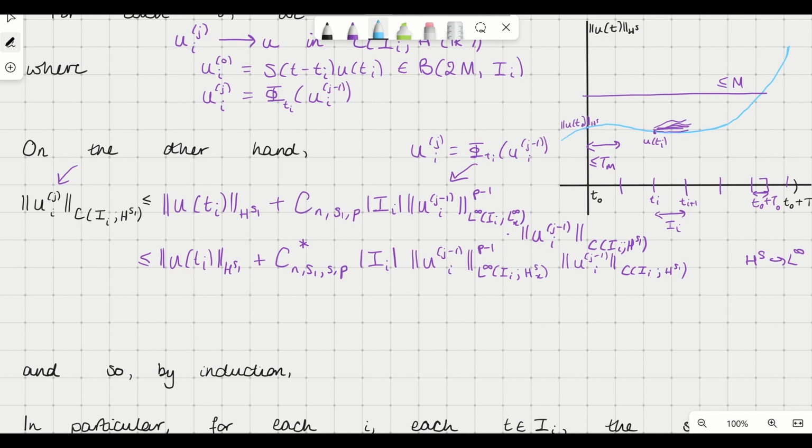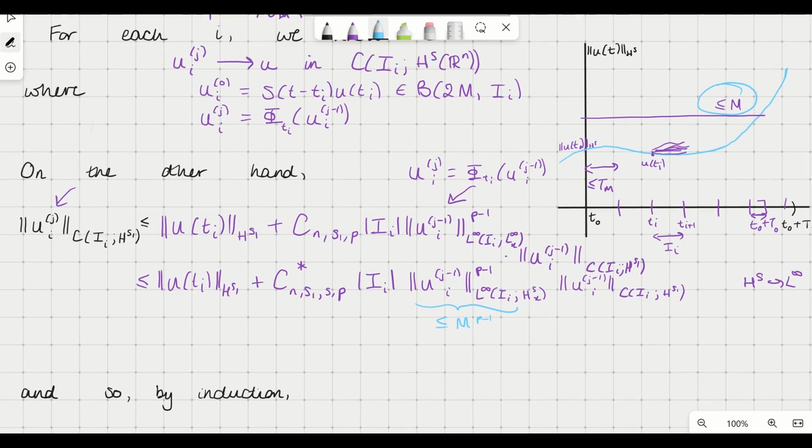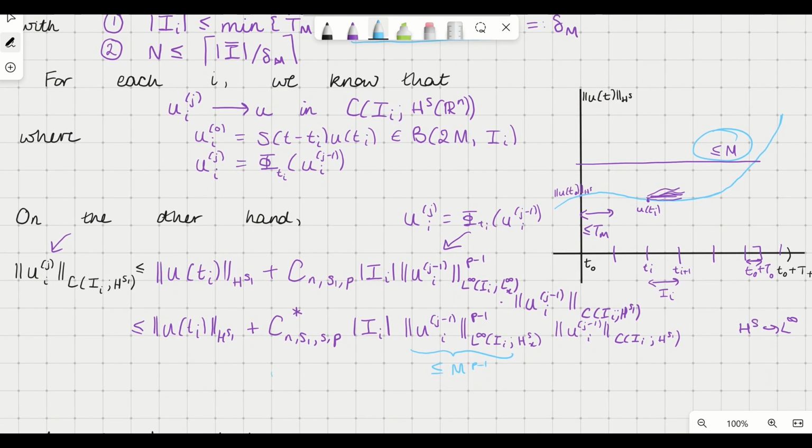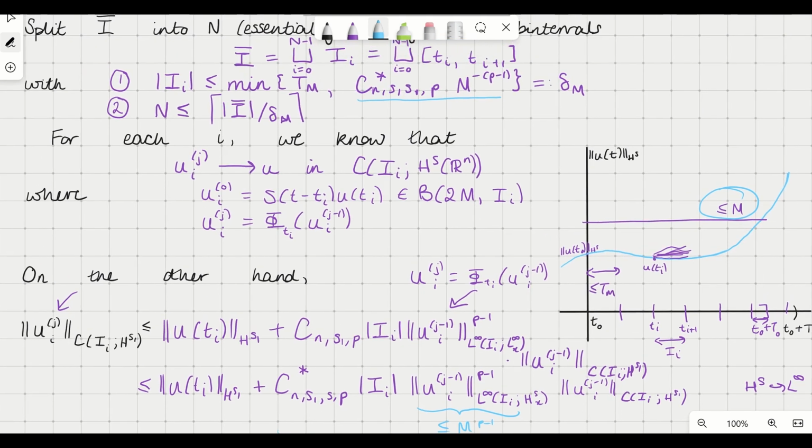We know that the norm of u on all of these intervals I_i is bounded by m. So this term is at most m to the p minus 1. So then by our first condition, or actually second condition, on the widths of I_i, we have that this is going to be bounded by a half, because we chose I_i small enough. Okay, actually we didn't choose I_i small enough, because we should have put a half in front here.